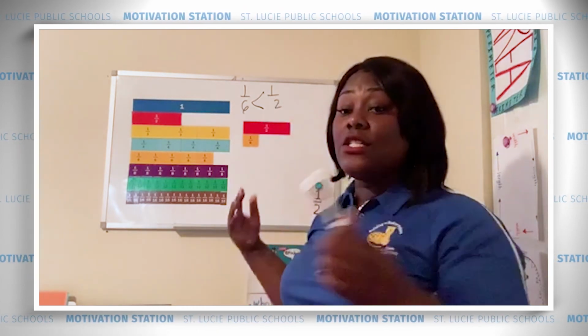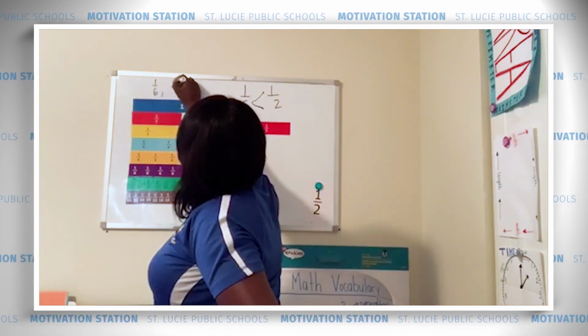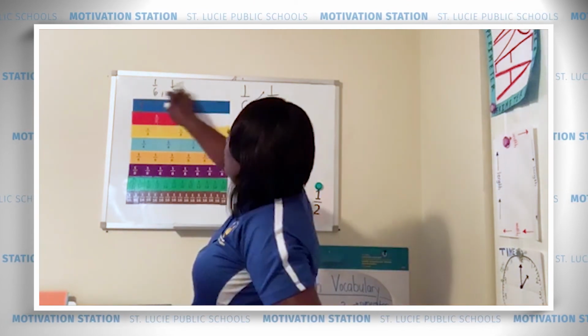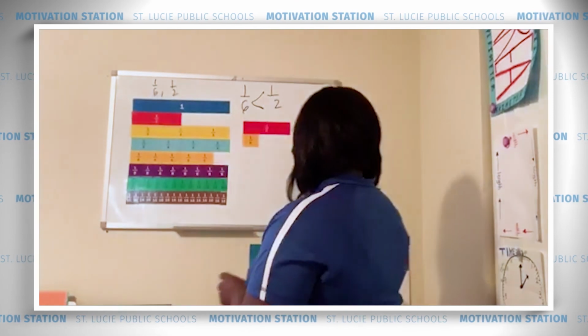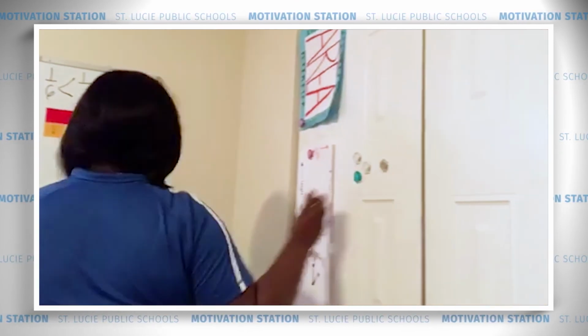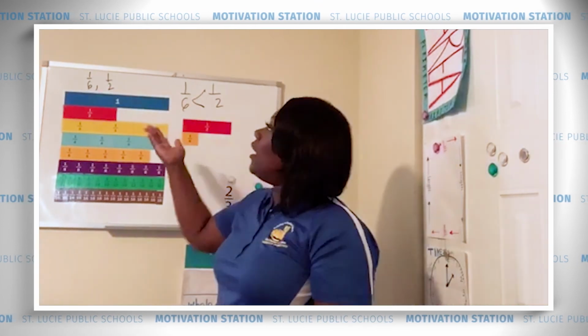So if I want to put these two fractions in order from least to greatest, I would put 1/6 and then half, because it's from smallest to biggest. Now let's throw in another fraction. Let's throw in 2/3. Well, I already know that the 1/6 is smaller than the half.